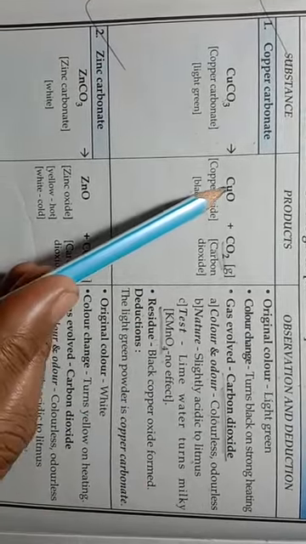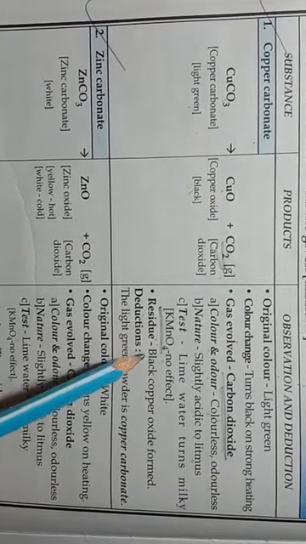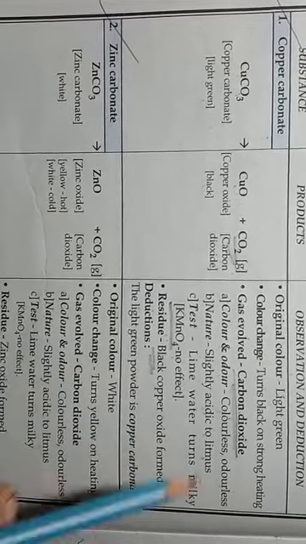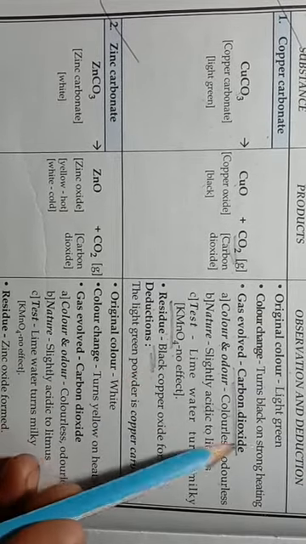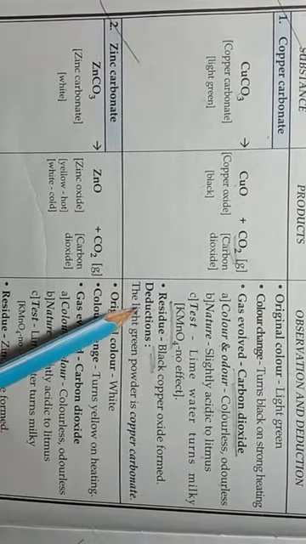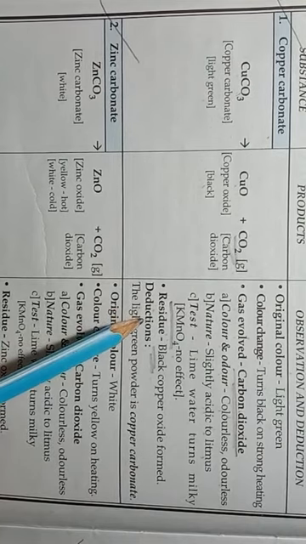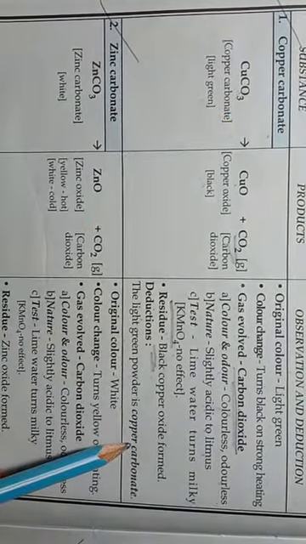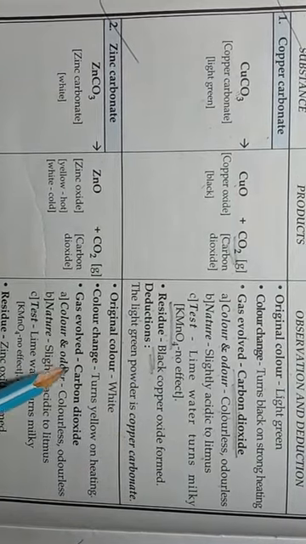The residue which is formed here is copper oxide, which is black in color, and with the help of all these observations, we can conclude that the light green powder is copper carbonate.